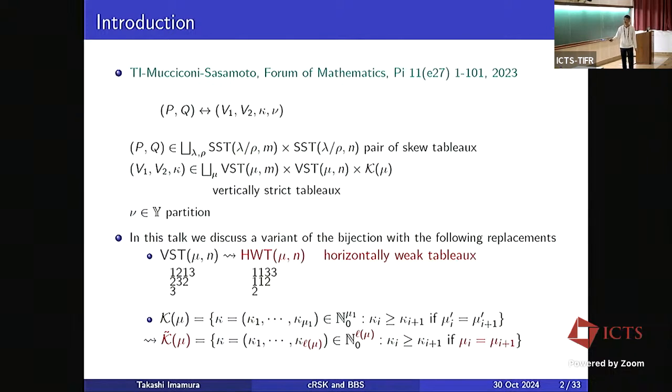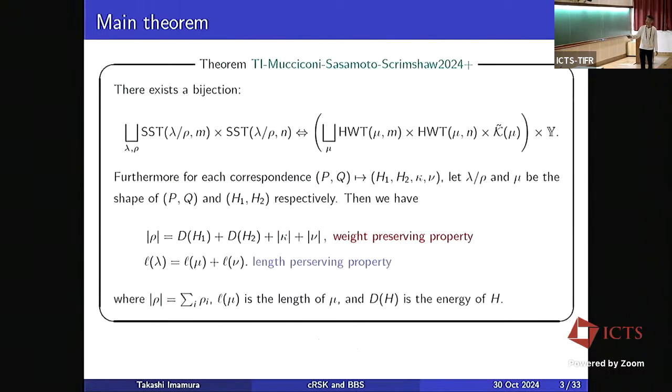This is HWT, and this K mu is replaced by K tilde mu. Because we consider a certain dual version of the original dual skew RSK dynamics, this mu1 is replaced by the L of mu, the length of partition mu here, and the mu prime is replaced by mu I here. So under this replacement, we get another bijection like this.